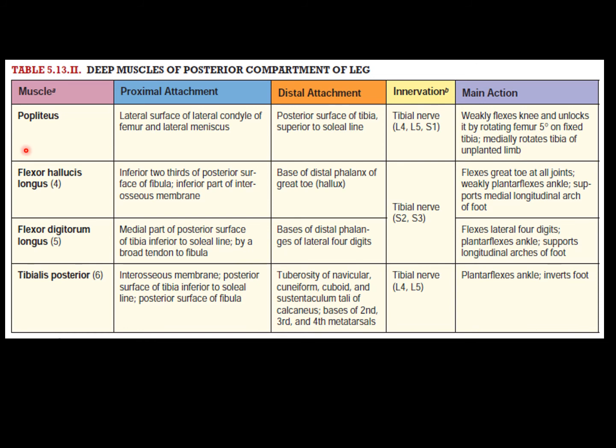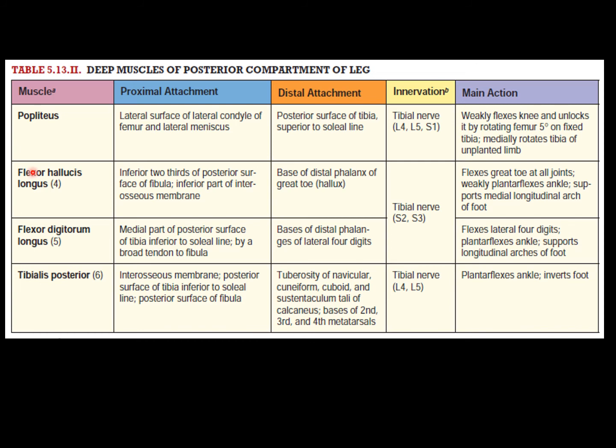The second muscle is flexor hallucis longus. As the name indicates, flexor, so it will flex hallucis, the big toe, and longus, most likely going to be attached to the distal phalanx of the big toe. So arising from the inferior two-thirds of the posterior face of the fibula and the inferior part of the interosseous membrane, and attached to the base of the distal phalanx of the great toe.